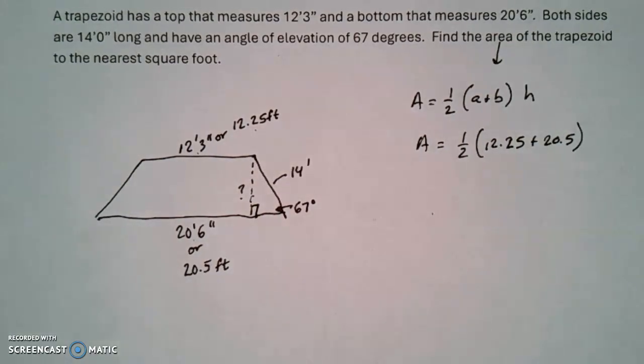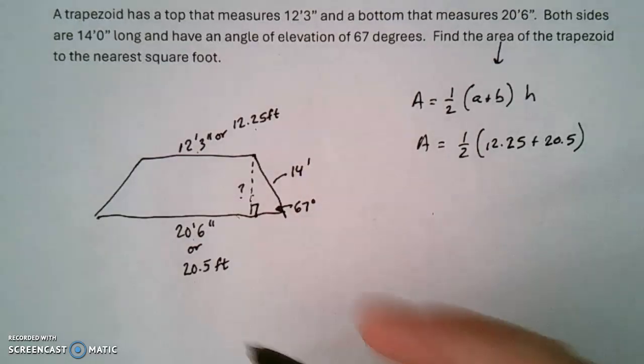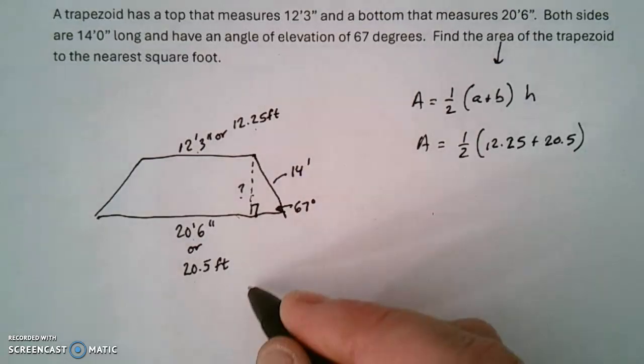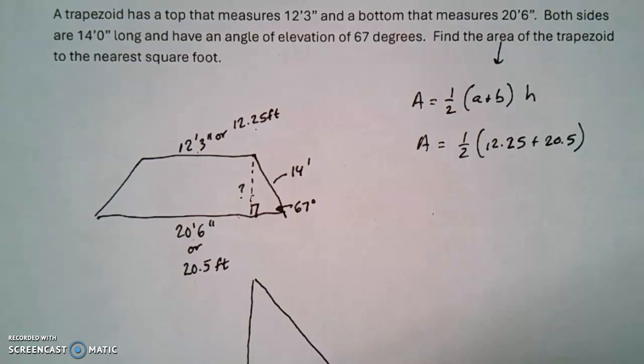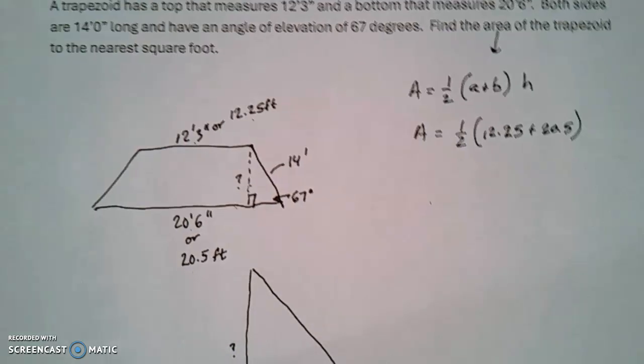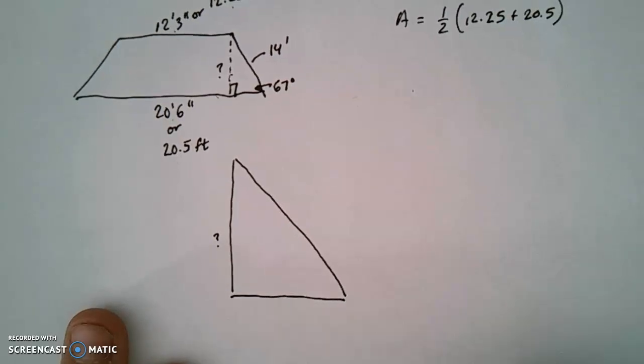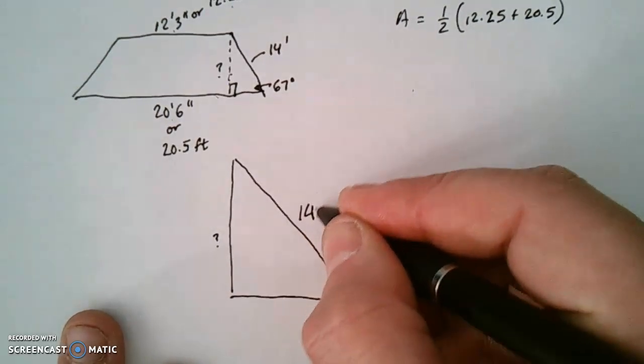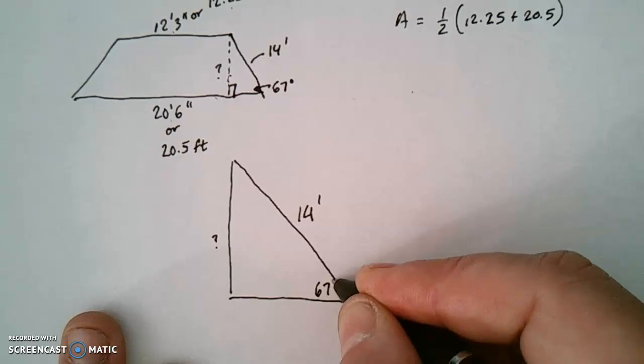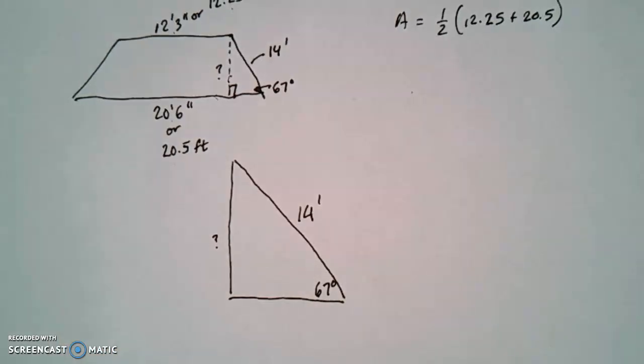So what I'm going to do is take this triangle here, and I'm going to make this bigger. Here's what we have. My unknown, my height, is here. I know this is 14 feet, and I know this is 67 degrees. And I'm going to label my triangle.